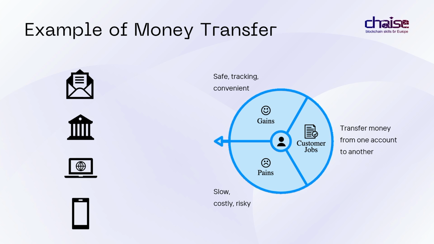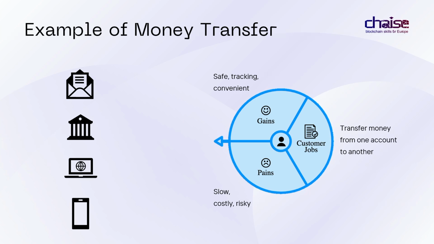Then, when banks started to grow in structure and regulation, international payment rails were created called SWIFT, and you could then transfer money through SWIFT. It was safer than manual transfer of money. It was quicker.